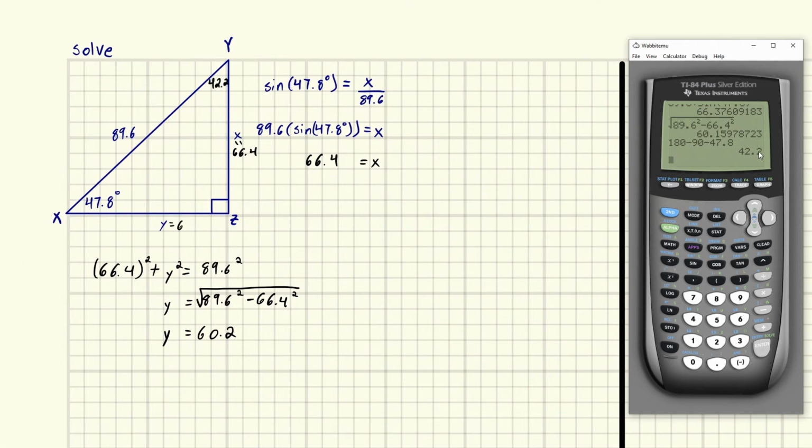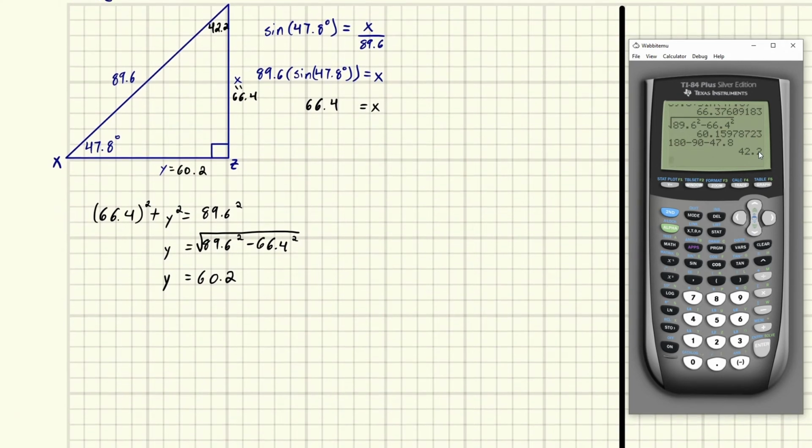And y is 60.2. Now we can verify y using a trig function. We could use cosine instead, because that will involve the adjacent and the hypotenuse. I like to use as many of the givens as possible to minimize any error I may have made with other values.